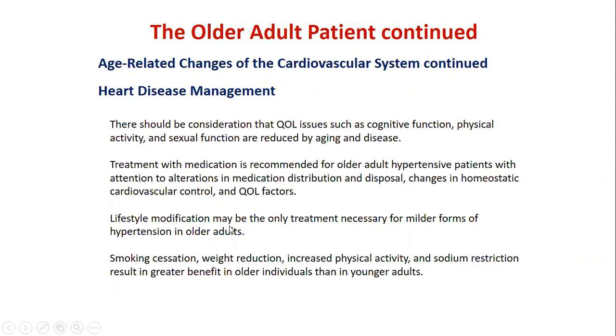Lifestyle modification may be the only treatment necessary for milder forms of hypertension in older adults. Smoking cessation, weight reduction, increased physical activity, and sodium restriction result in greater benefit in older individuals than in younger adults.